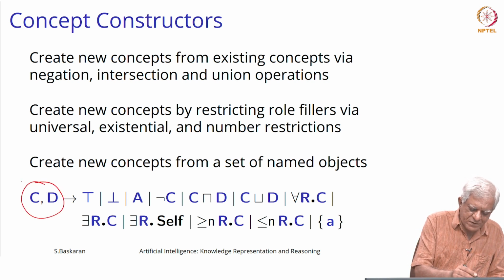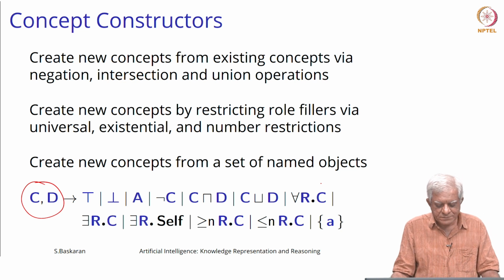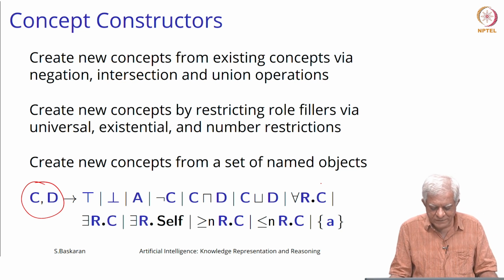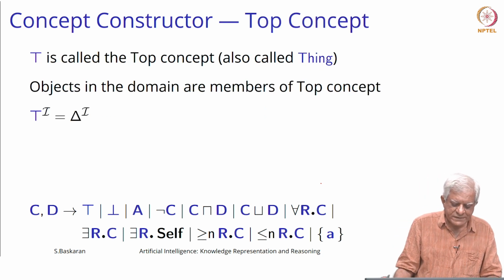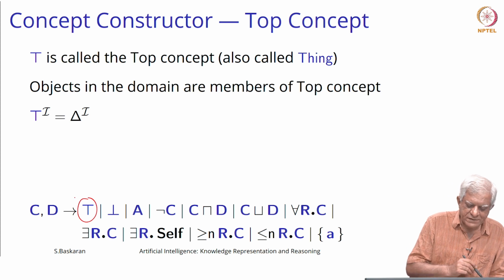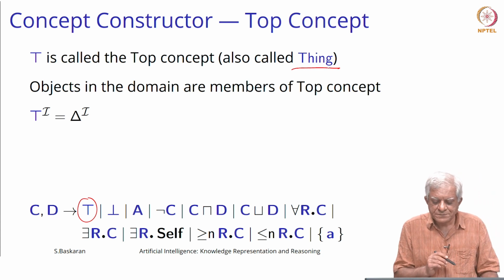and we will see the various ways in which this can be done. So, what are concepts? Concepts, we will use the term symbols C and D to stand for concepts, and they can be any one of these that is listed on the right hand side of the arrow essentially. We will look at them one by one. So, the first one in that list is the top concept. It is also called thing in OWL.